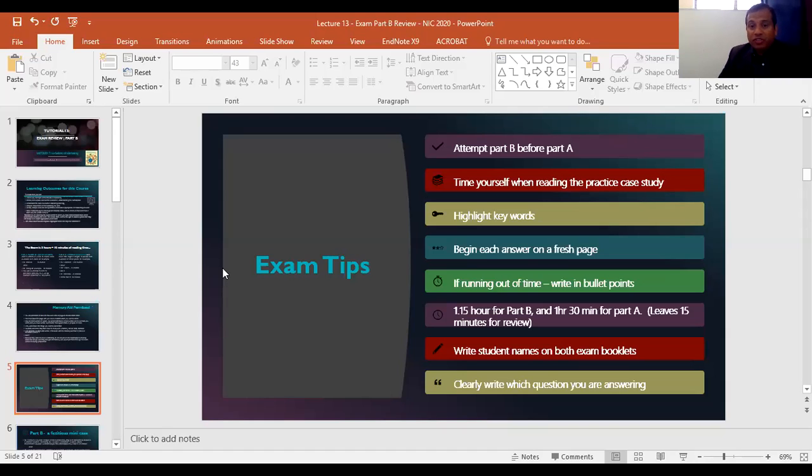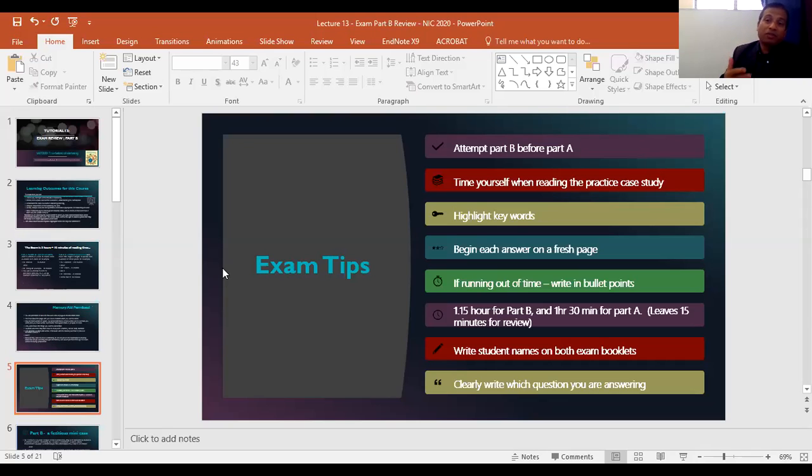Okay, begin each question on a fresh page. Probably I have not repeated this one before. I will suggest you answer not only part B, but even part A, try to answer each question from a fresh page. Since we are in the online exam mode, online documents don't require much, it's easy, just give a proper space.